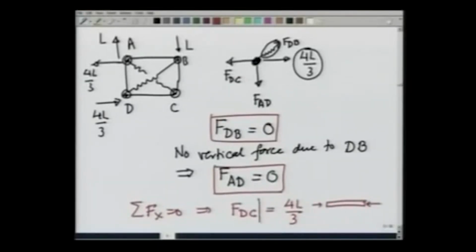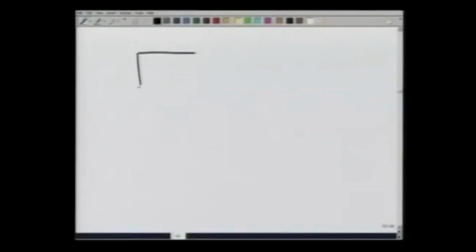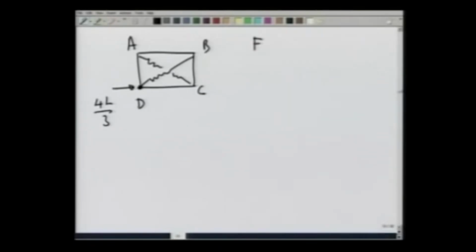So, this is compressive. Let us move on. So, what we have found is that at point D there is a force 4L by 3, F_AD is 0, F_DB is 0, F_DC is compressive 4L by 3.